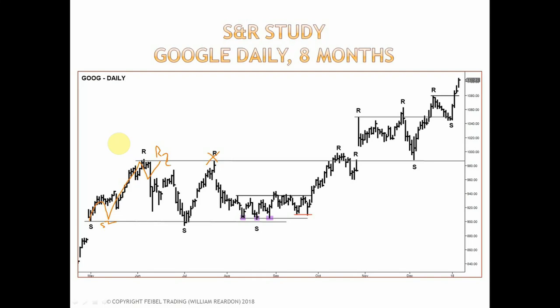It's just very difficult to take. We have a big strong wave of buying up, and we have this little mild reaction here. It's very difficult to initiate a short play.